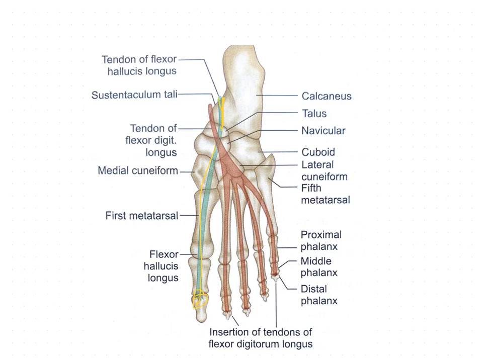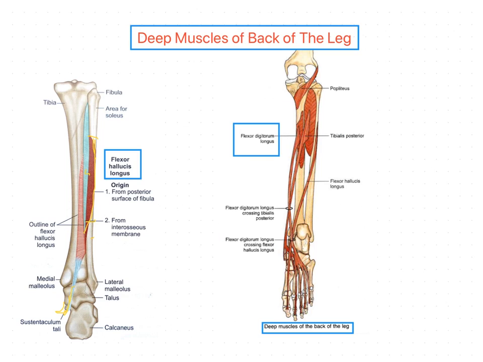Now we will move on to another muscle, that is flexor digitorum longus. In this picture you can find the flexor digitorum longus. It originates from the medial half of the posterior surface of the shaft of the tibia below the soleal line.